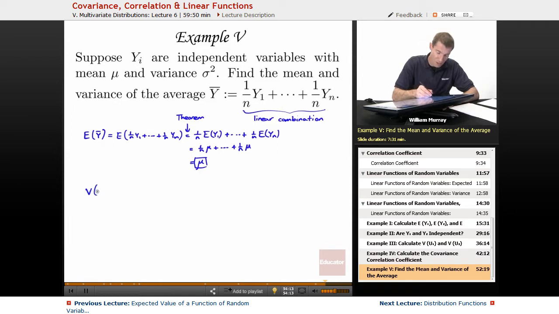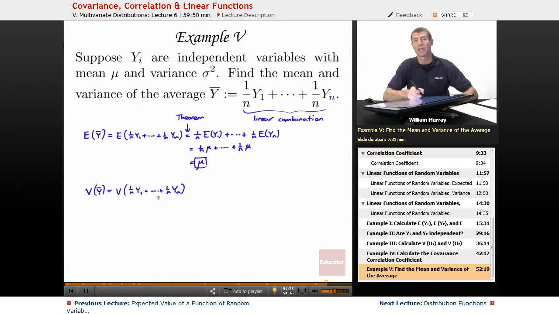The variance of the average, variance of y bar, again, is the variance of 1 over n y1 plus up to 1 over n yn. Variance is not linear. Expectation is linear. Variance is not linear. So there's a nastier theorem that tells you what to do with variance. And I gave you that theorem in one of the introductory slides. I said linear functions of random variables.